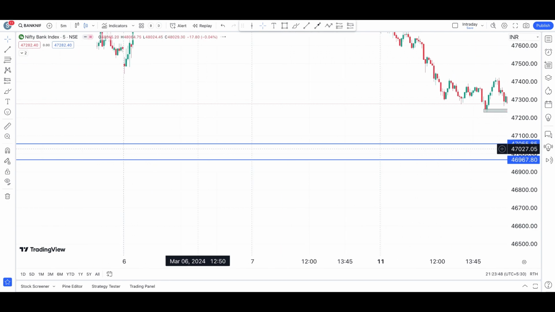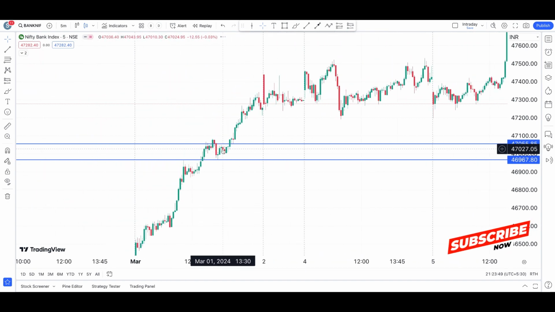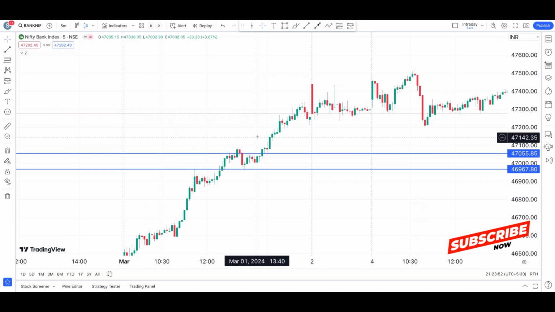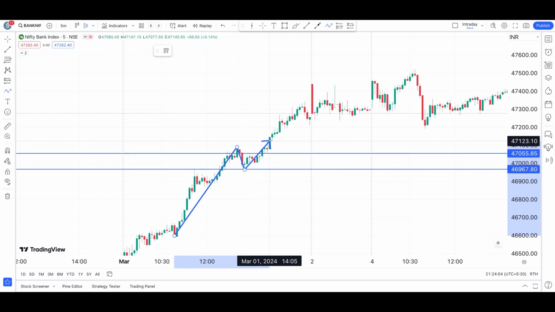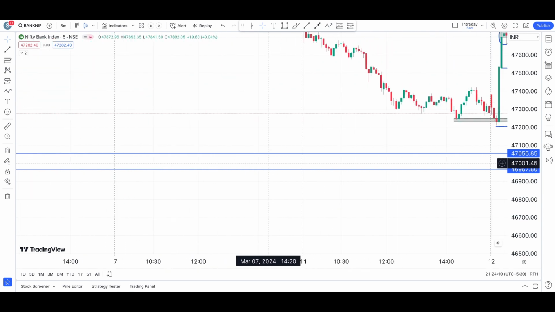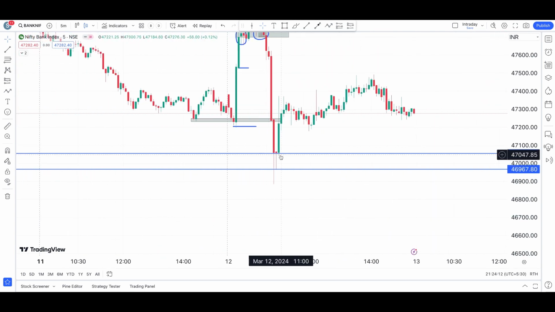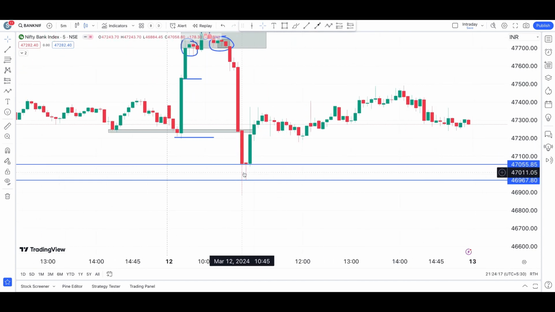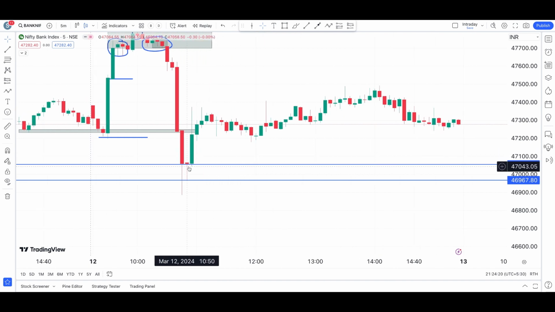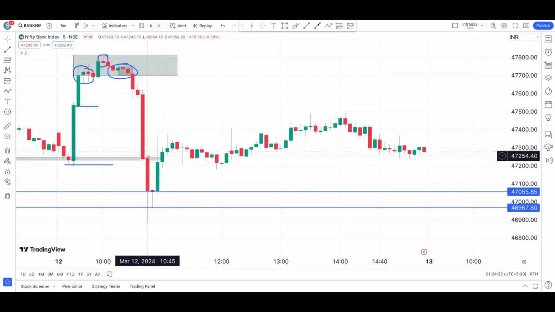If you carefully move your chart towards the left, you will find there is some sort of support showing here. There was some swing reaction coming previously from March 1st. So exactly this is some sort of support which was tested on March 1st, and now again we have some sort of region on the left, and you have a perfect candlestick pattern as well. From there, you have seen this momentum at least till that level.